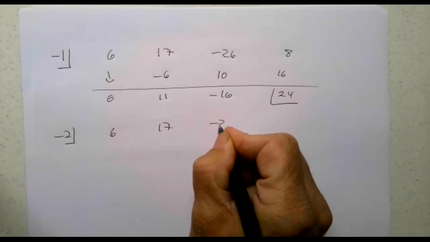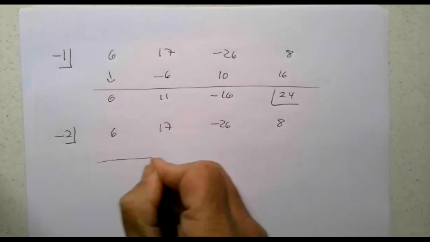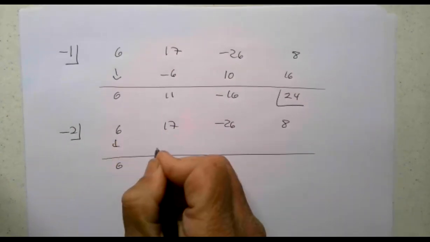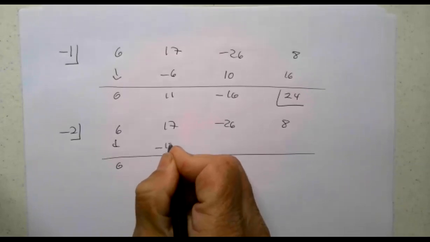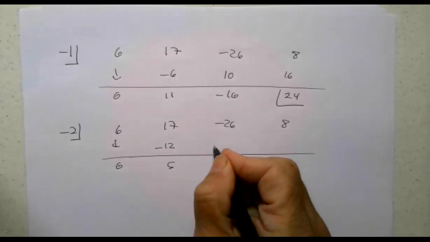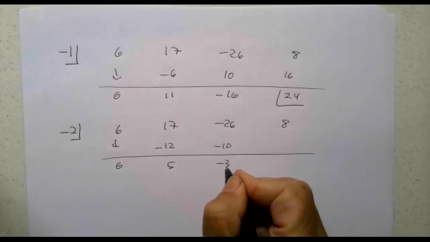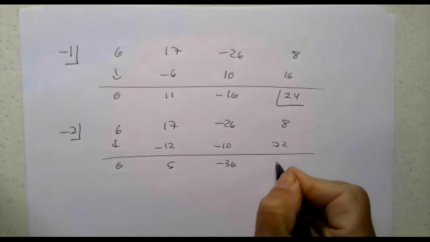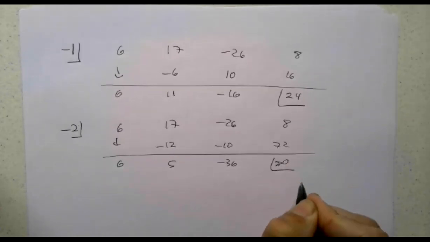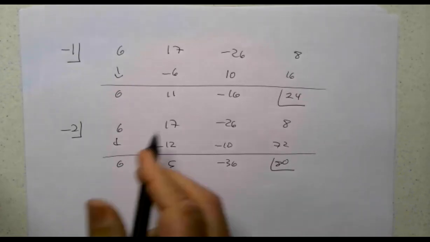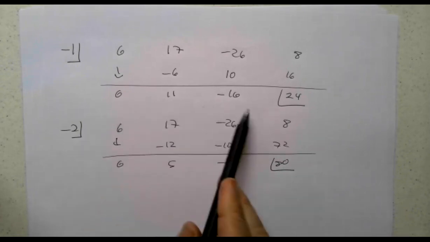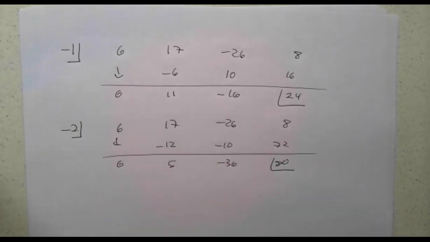6, 17, negative 26, and 8. Negative 2 times 6 is negative 12, 5, negative 10, negative 36, 72, 80. Okay, well, we have tried 1, 2, 3, 4 things. We haven't gotten any lower bounds here. To be a lower bound, it's got to alternate positive, negative, positive, negative.